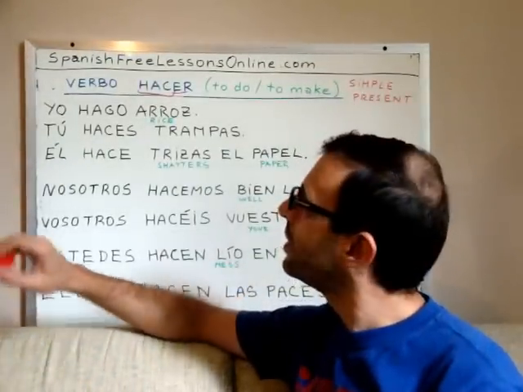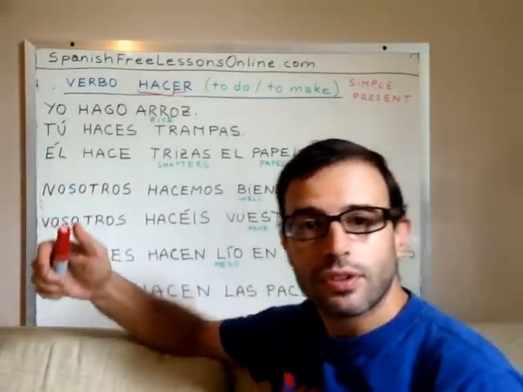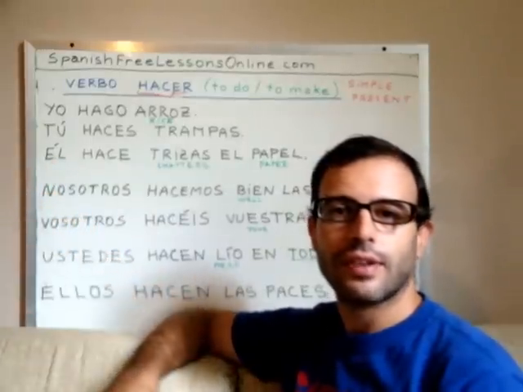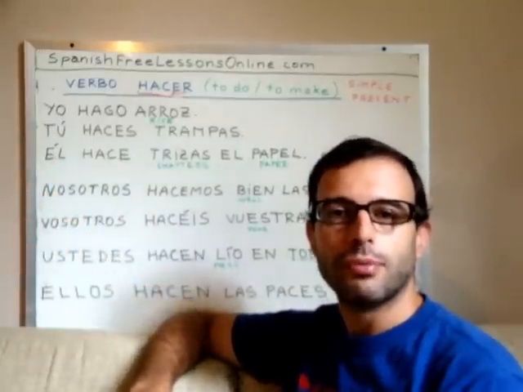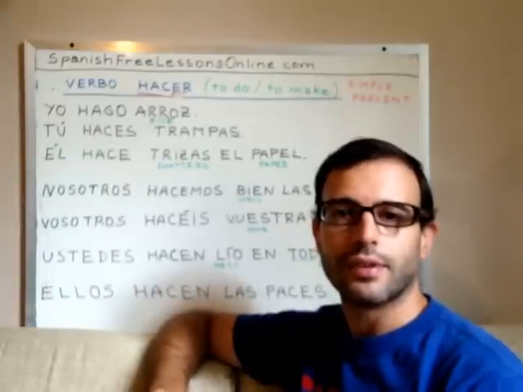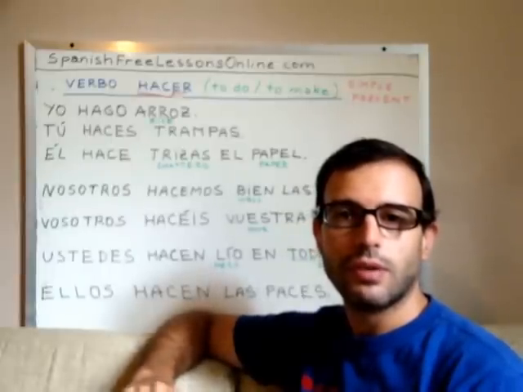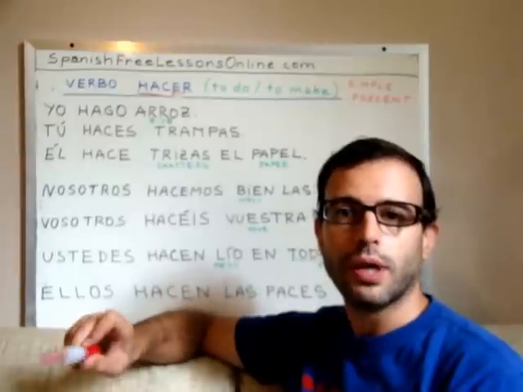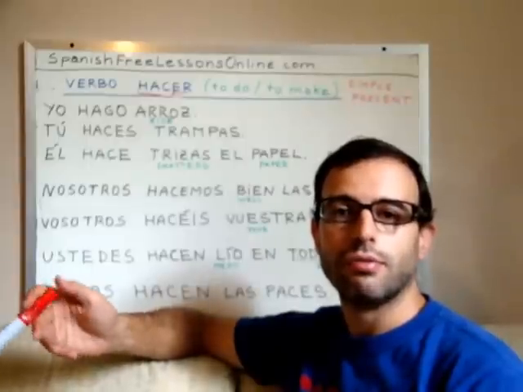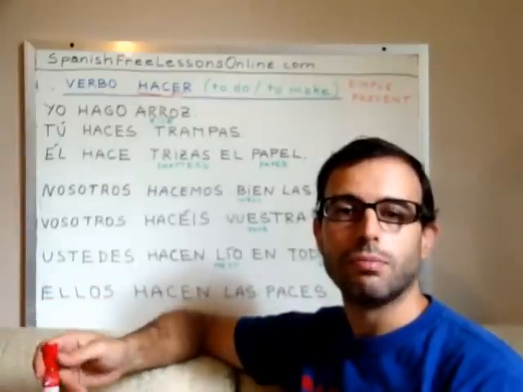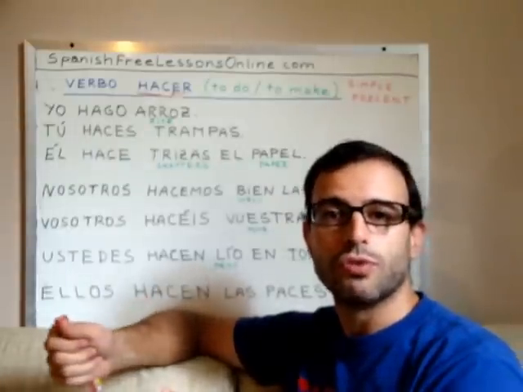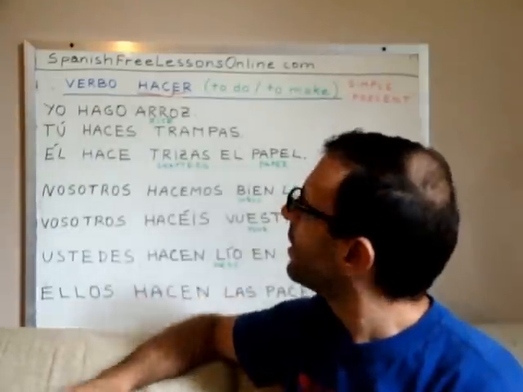Hi, today we will, as we said last lesson, start seeing some sentences as examples for the verb hacer in the present tense. Hacer, we've seen, means to do or to make. It makes things easier for us because verb hacer means both to make or to do, so we don't have to think which verb we need to use, right?